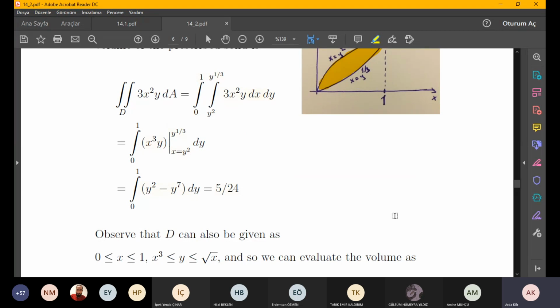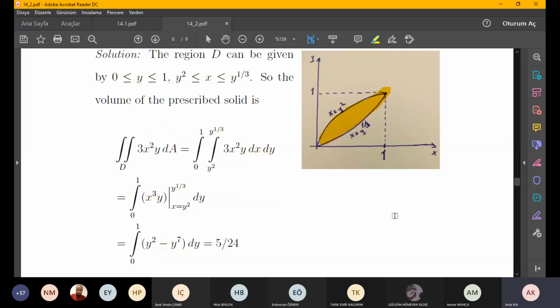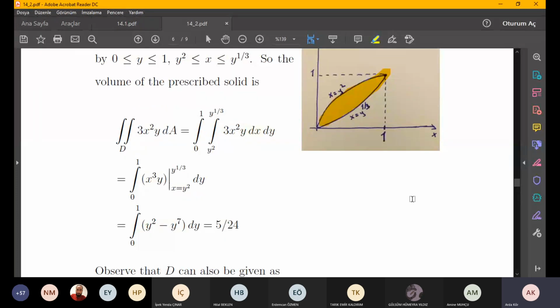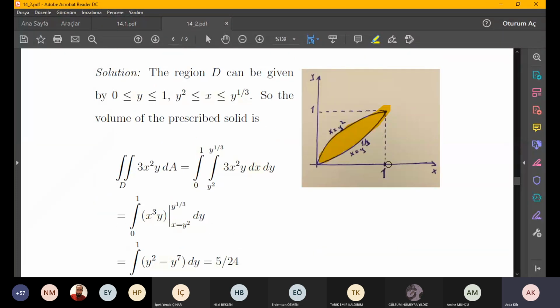Here you have to write x with boundaries. x will be from 0 to 1, as you can see from the sketch.